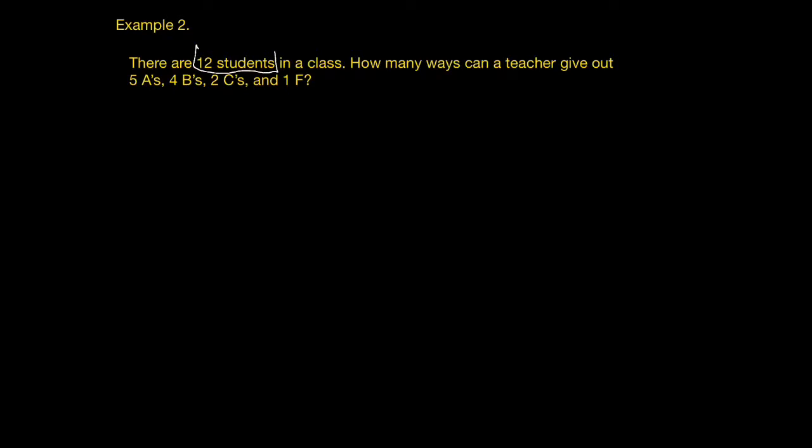There's 12 ways in which we can rearrange these students. It's 12 factorial. And now we can eliminate all repetitions by dividing by every category that we see. The 5 A's, so 5 factorial, 4 B's, 4 factorial, 2 C's, 2 factorial, and the 1 F, 1 factorial.